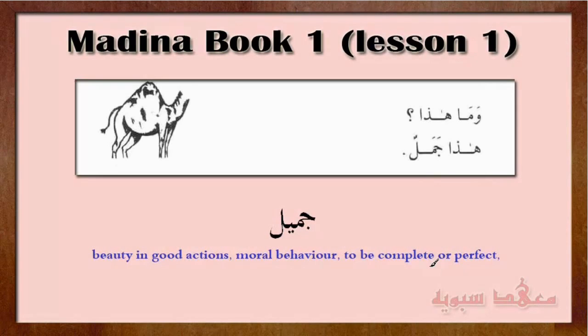Another word we get from this root is jumla. Like a jumla ismiya or a jumla fi'liya. Now, why is jumla from this root? It's because a jumla is something that's complete, perfect.